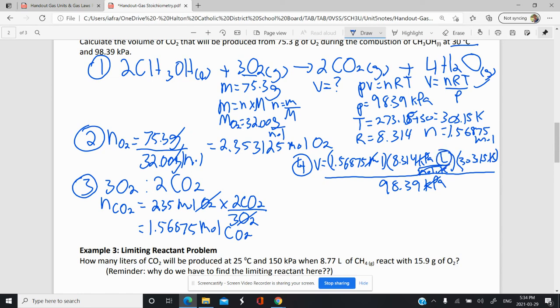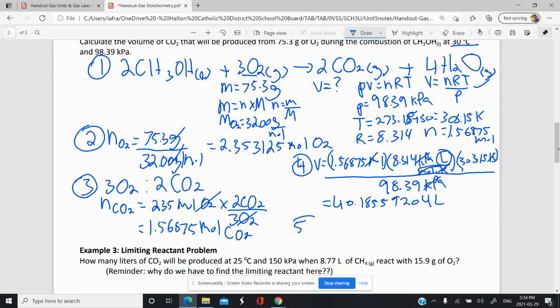So times 8.314 times 303.15 divided by 98.39, and we get 40.1855924 liters.